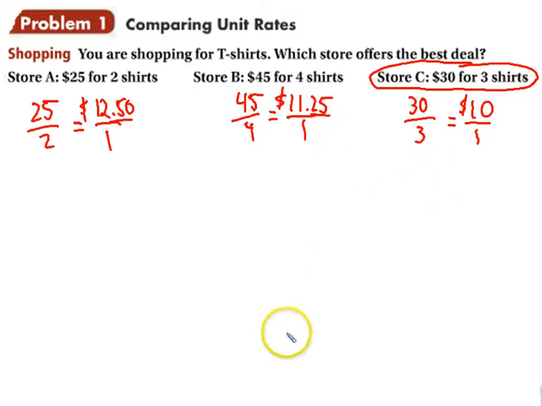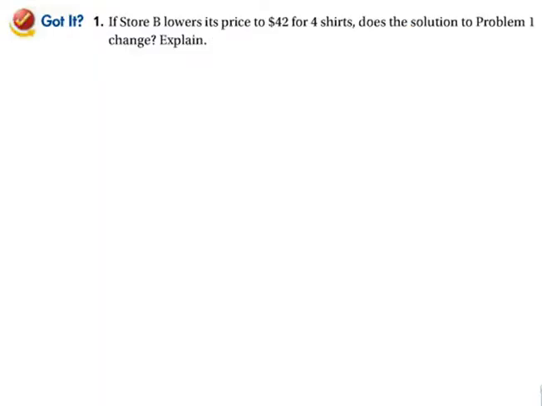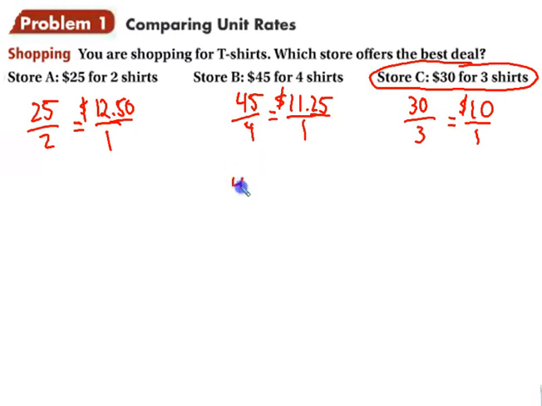All right, now, using that information on that problem right there, what happens if store B lowers their shirt to $42 for 4 shirts? So 42 for 4 shirts. Is it going to be a better deal? Does it change?